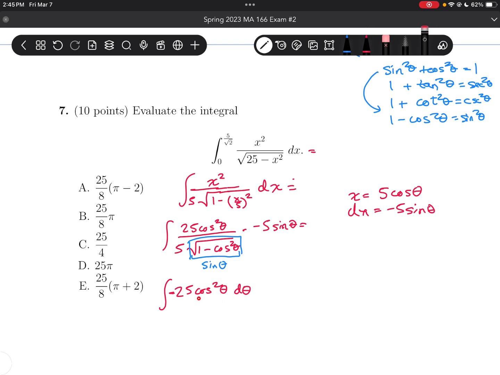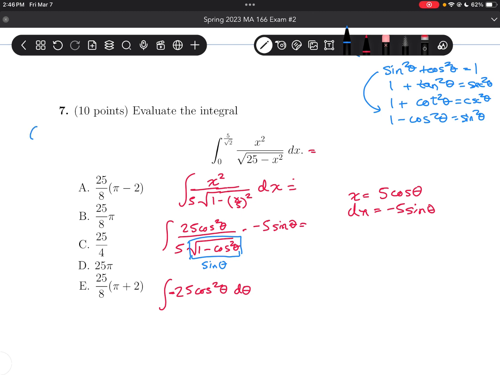However, cosine theta squared is not something that we can easily find the antiderivative of. So we actually need to use another trig identity to simplify this. In this case, the trig identity to use when we have either cosine squared or sine squared is the double angle identity for cosine.